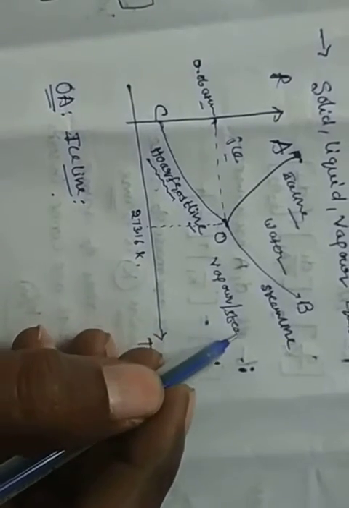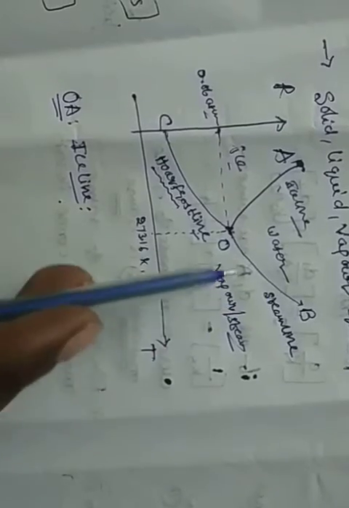So along this ice line, ice, water, vapor or steam. Along this ice line, the ice and water are in equilibrium with each other.